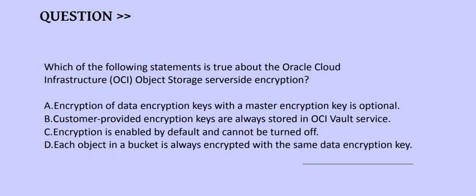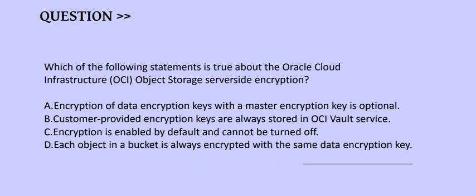Next question is, which of the following statements is true about the Oracle Cloud Infrastructure OCI Object Storage server-side encryption? Options are: Option A, encryption of data encryption keys with a master encryption key is optional.